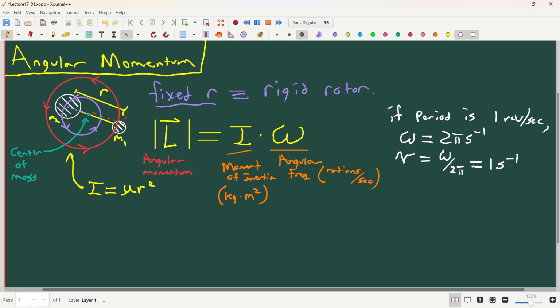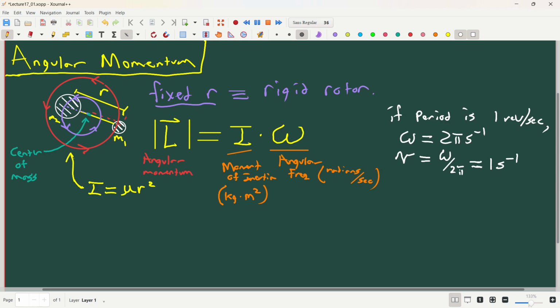But again, all this is saying is that momentum is equal to mass times velocity. Instead of a velocity, we're not moving in space, we're just rotating. So this is an effective velocity of our system, how fast the masses are moving around a circle, and this tells you the mass.